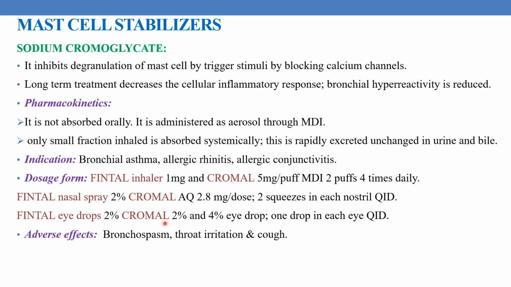Fintal eye drops 2%, Cromal 2% and 4% eye drops, 1 drop in each eye 4 times a day. Coming to adverse effects, absorption is negligible; bronchospasm and throat irritation are seen.